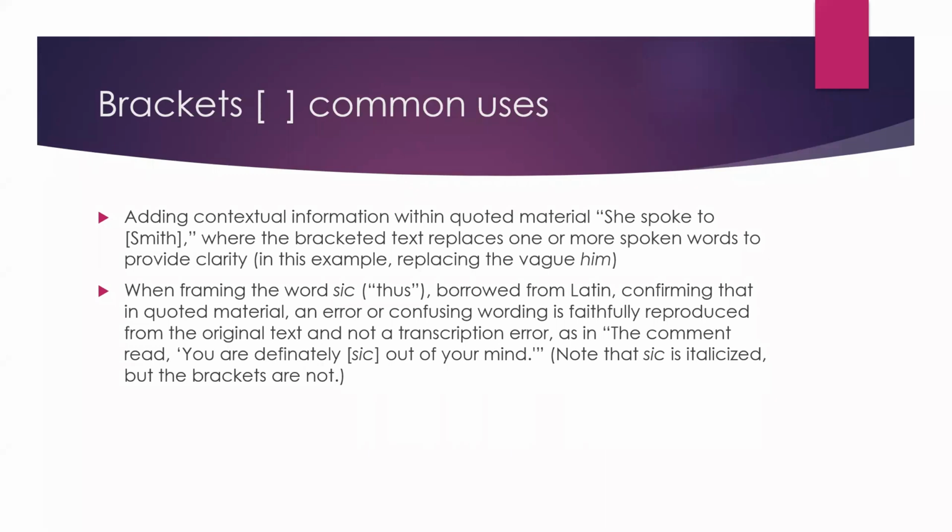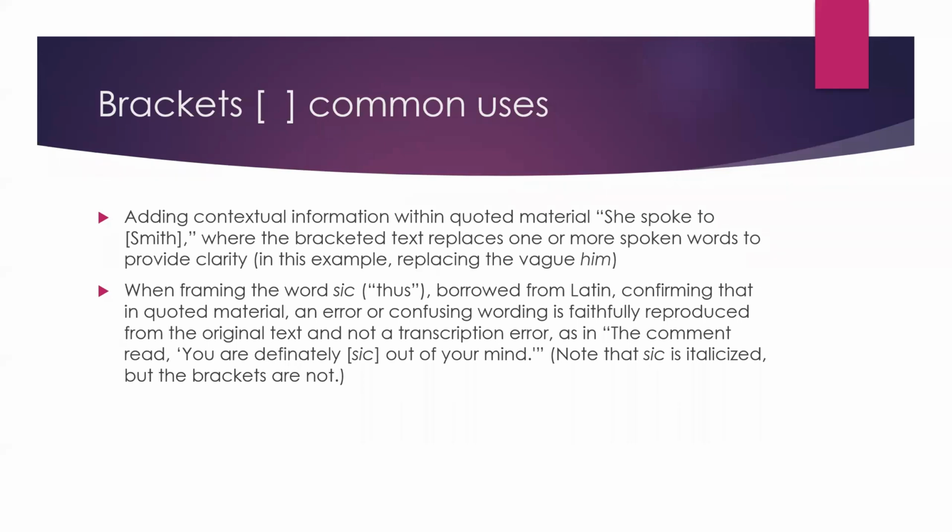Another use of the brackets, you must come across this, especially in articles or interviews, reports, such as this [sic], means that there is an error, a mistake in the original text. So if you see it within the brackets, it means that the previous word is a mistake, either a grammatical mistake or a mistake in spelling, such as this example, okay?